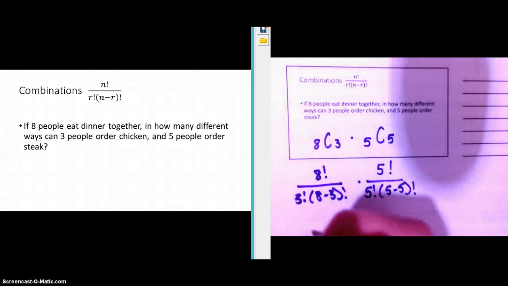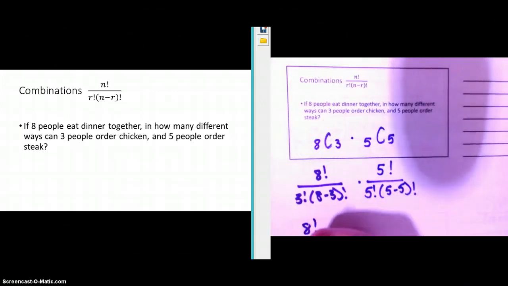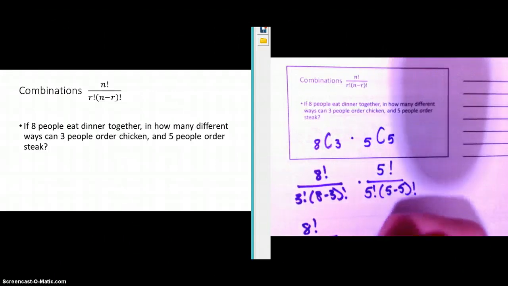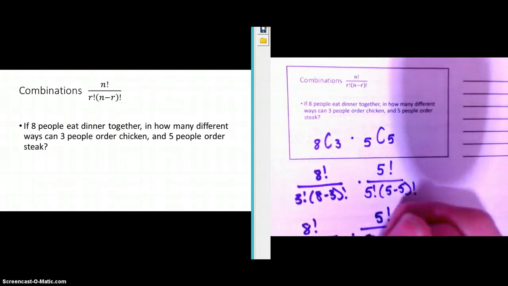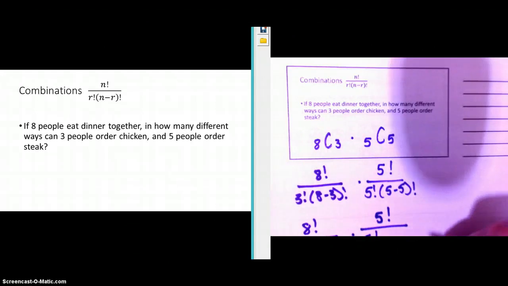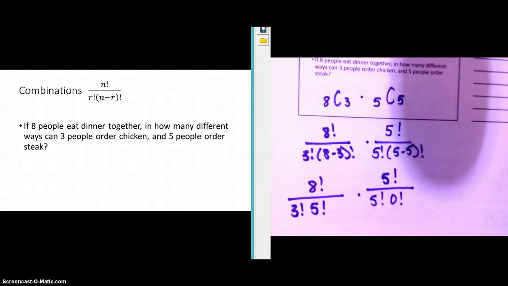This simplifies to 8 factorial over 3 factorial, 5 factorial, times 5 factorial over 5 factorial, and 5 minus 5 is 0, 0 factorial.